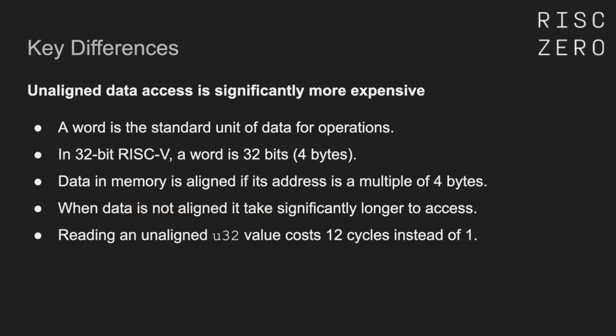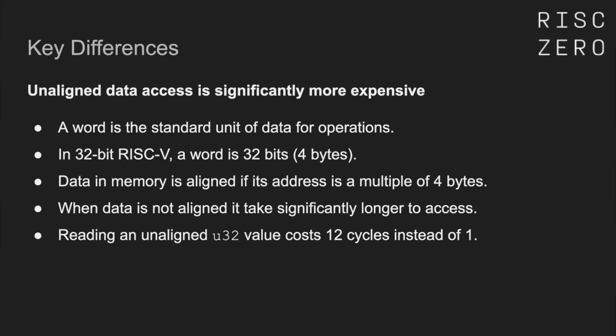Unaligned data access is more expensive. So what is aligned versus unaligned data access? The first thing to talk about is what a word is. A word is a standard unit of data for operations. In a 32-bit ISA, like RISC-V 32 bits, a word is 4 bytes, which is 32 bits.